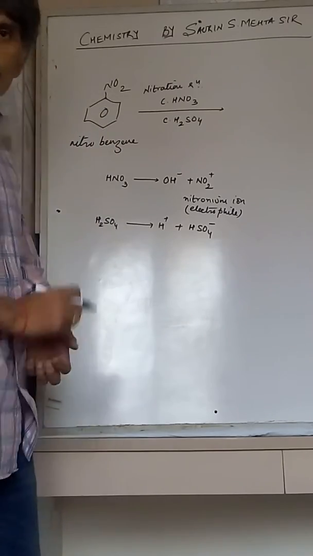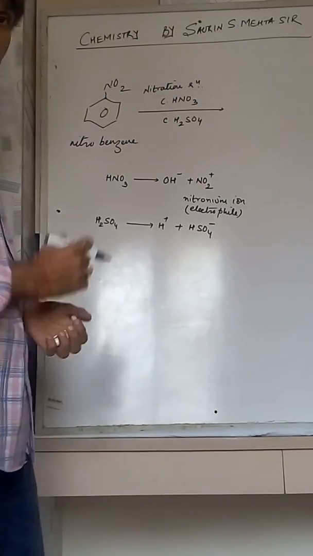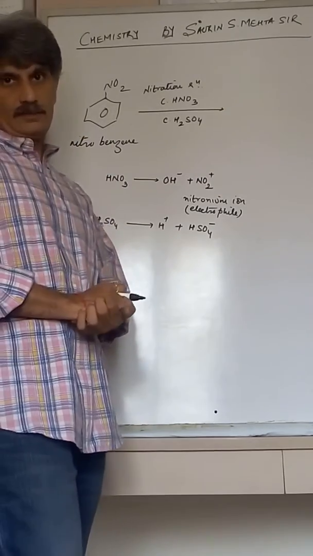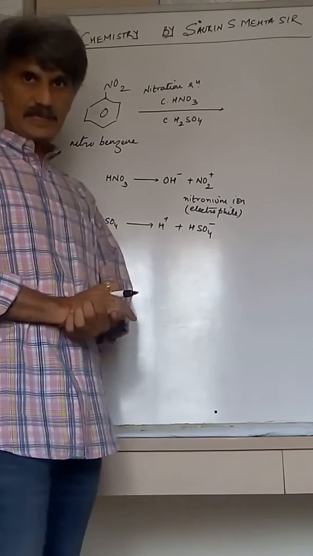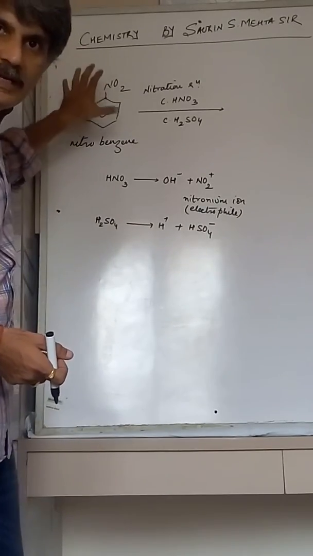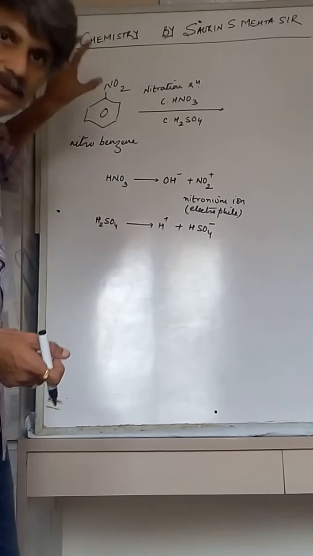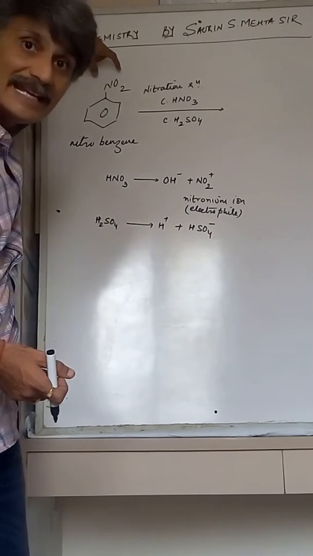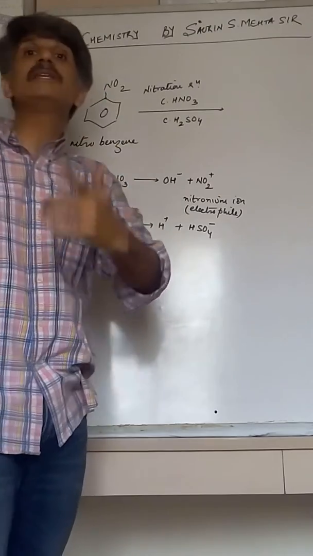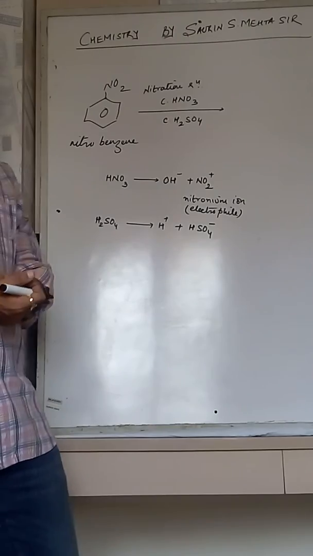this nitro group which is already present on benzene has got the directive effect. Please listen carefully. The compound which is already present over here is nitrobenzene. In nitrobenzene, the group nitro has got the directing effect. What is the directing effect?